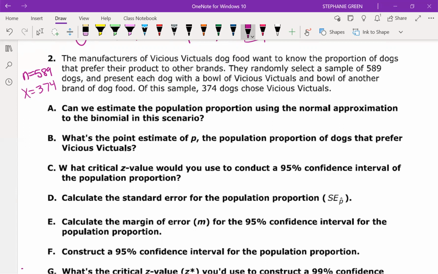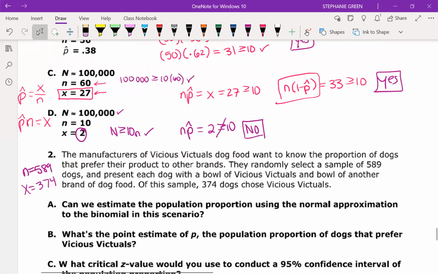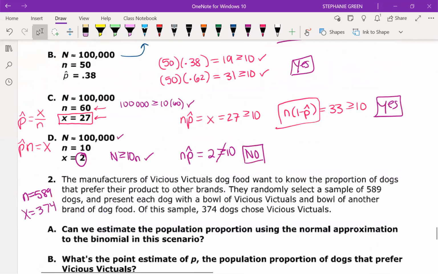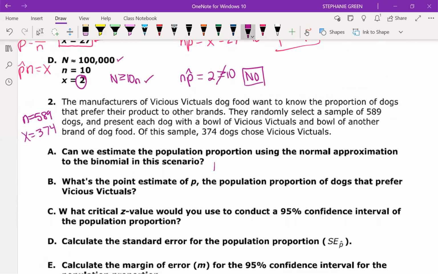We got some numbers. So part A, can we estimate the population proportion using the normal approximation to the binomial in this scenario? Okay, so A is asking us to do the same thing we did in number 1. So first we'll ask ourselves, is the population size greater than or equal to 10 times the sample size? Well, we can see our sample size here is 589, but they don't actually give us a population size, which is pretty common. We don't usually know the exact population size.